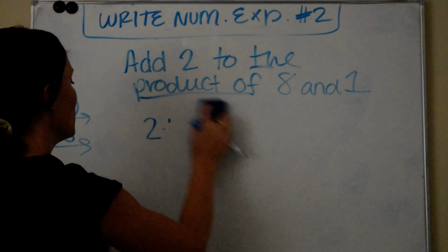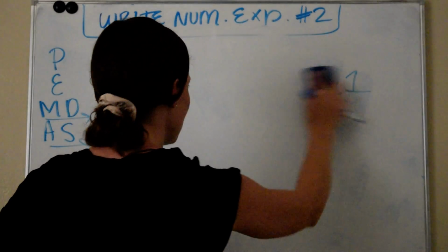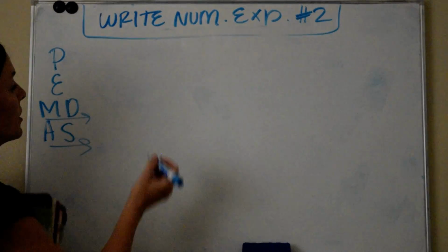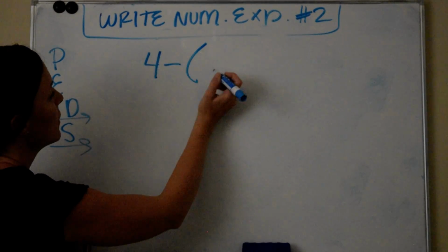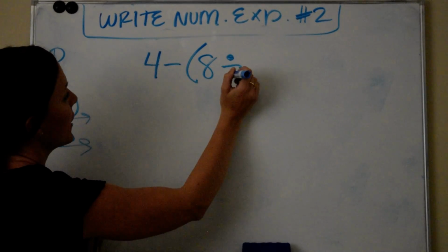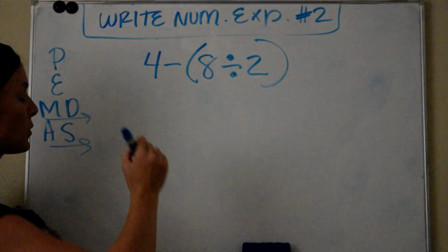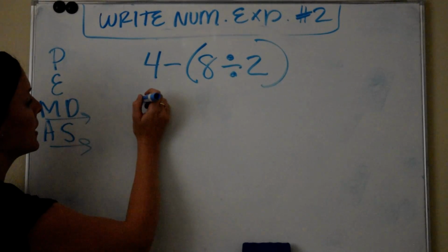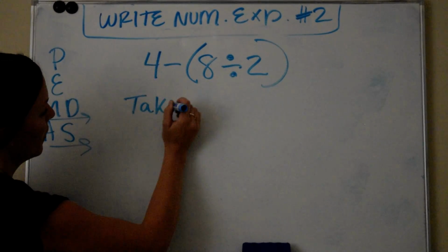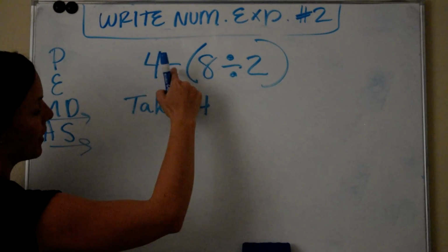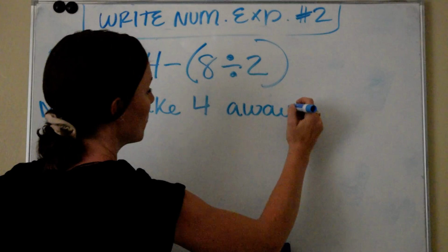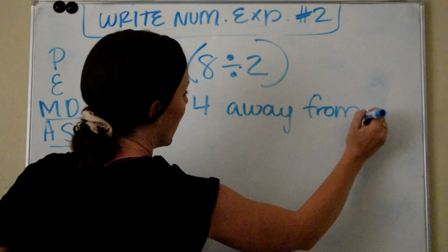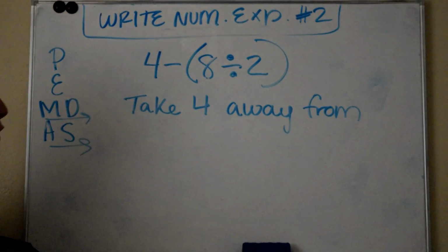Let's do another one. And now I am going to go backwards. Okay. Let's just see the equation. What if I had 4 minus 8 divided by 2? Okay, so let's write this. What if I said take 4, right? And I'm doing subtraction, so I could say take 4 away from, and then what am I finding here? The quotient, right?